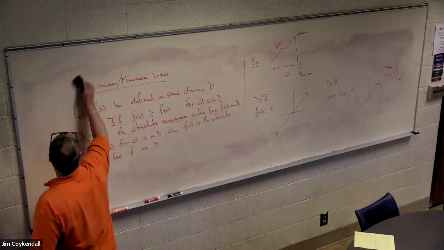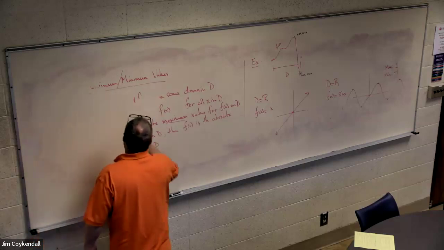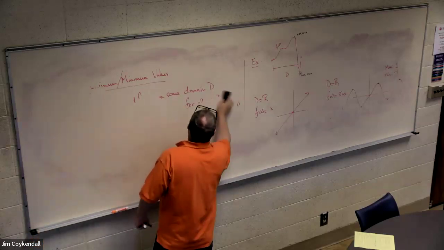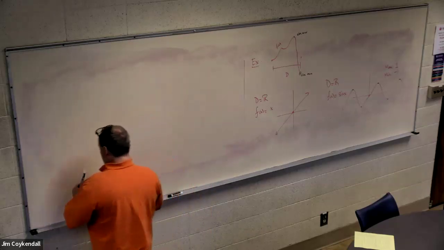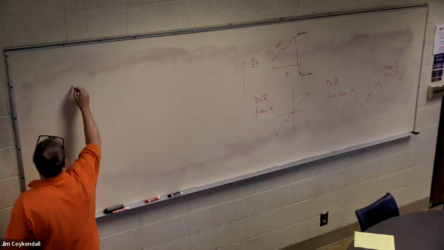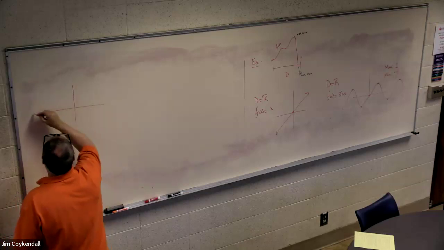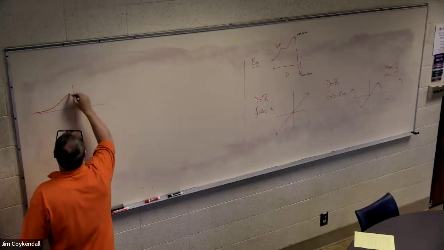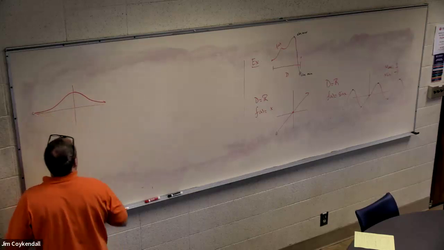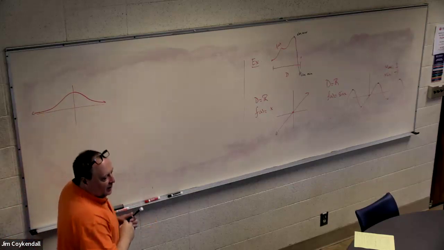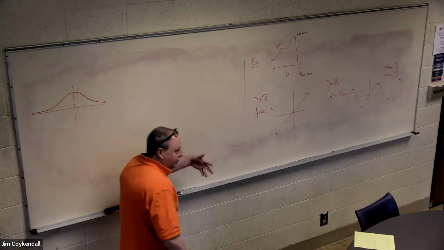A function might have a maximum and no minimum. All you have to do is use your imagination here. You have a function that looks like this, which is my rendition of a bell curve.